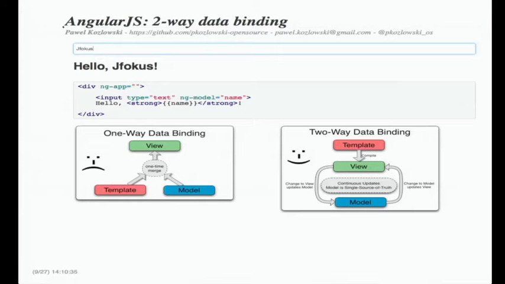First of all, when you look at this code, you can see it's HTML all the way down. But it is HTML that was extended with special attributes that we don't know from standard HTML, plus some syntax that resembles handlebars, which suggests that there is something dynamic going on here.